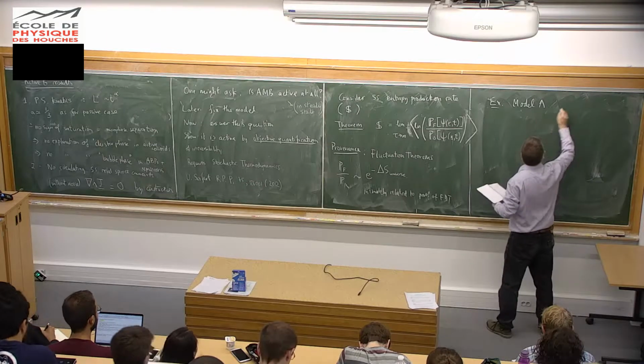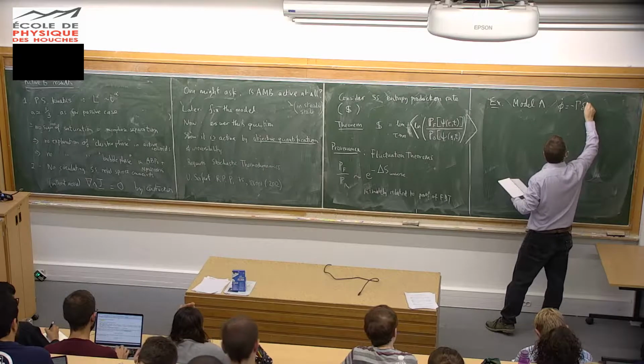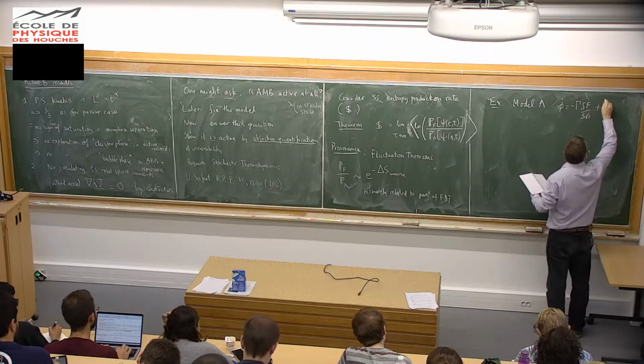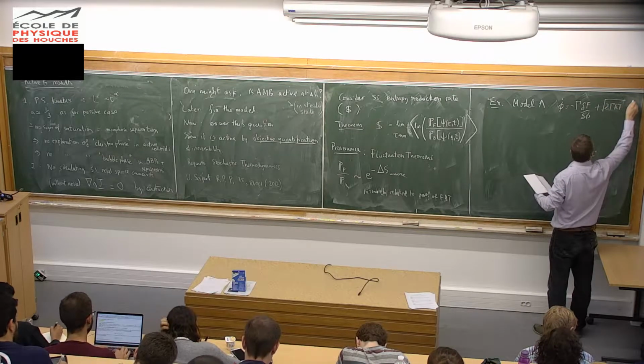In Model A, I have phi dot equals minus some constant times dF/dphi plus square root of 2 gamma kT times unit white noise.